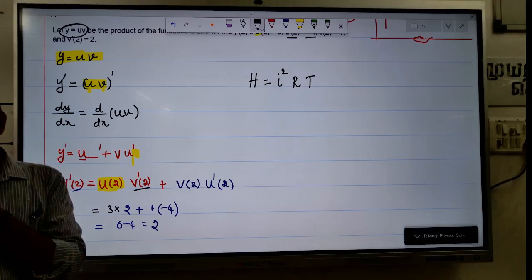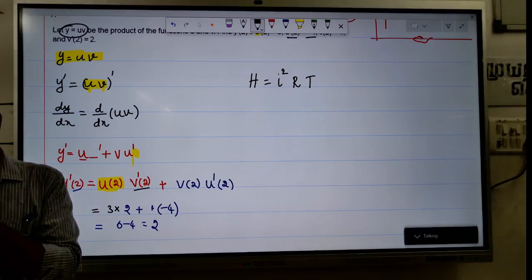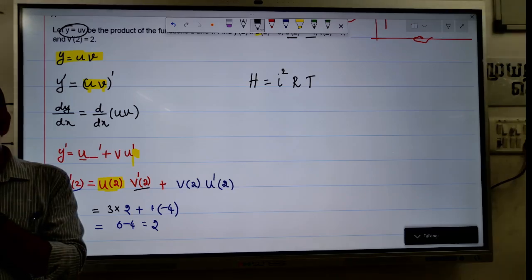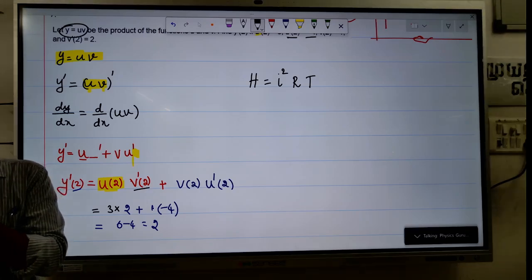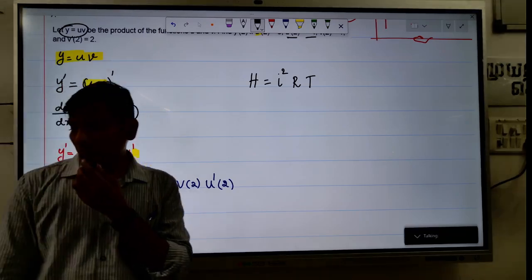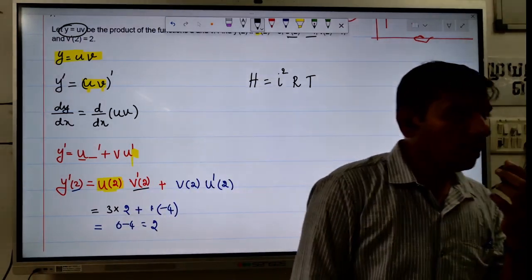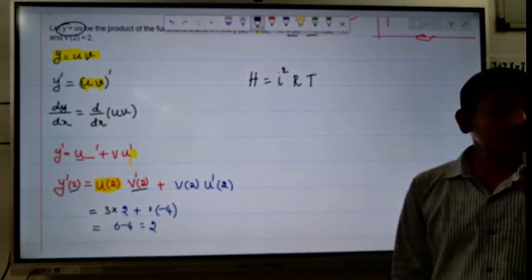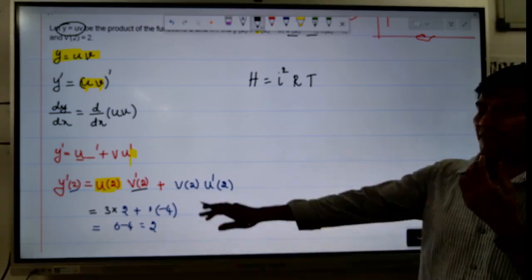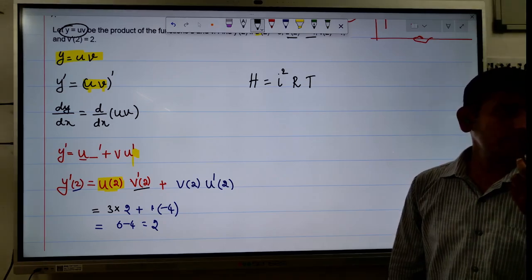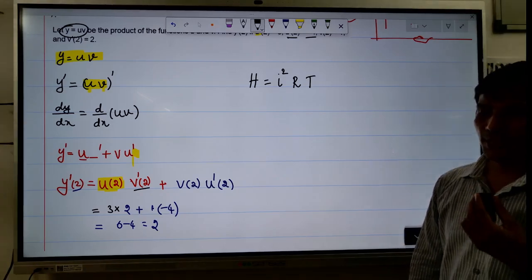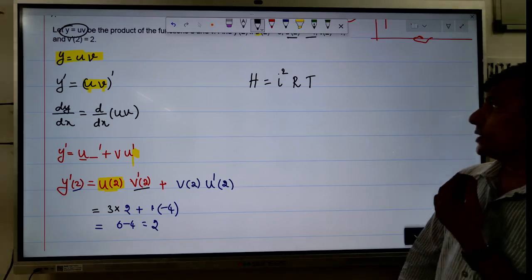What do we call this equation? Joule's law of heating. In grade 10, the effect of currents, in that lesson you must have learned it. Am I right? In electricity, you must have learned this.